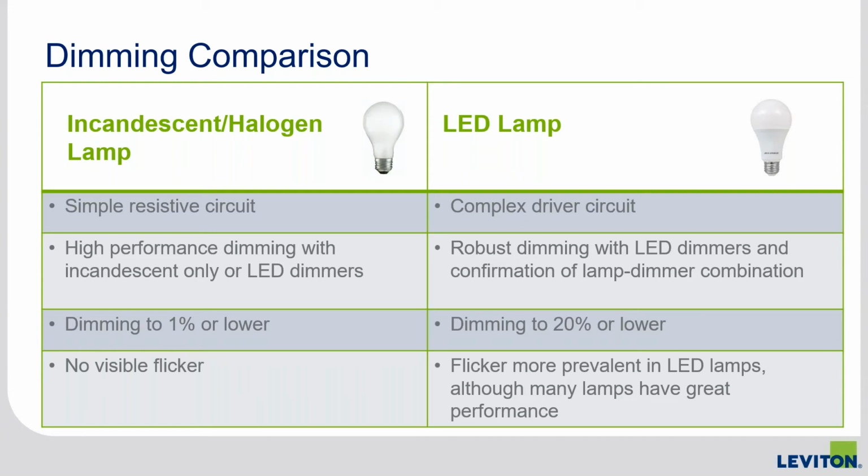As LEDs get better and better every month or year or 5 years, you'll more than likely see the energy efficiency go up and the performance go up, which means you can dim lower and lower. I mentioned a couple times already, with incandescent bulbs you're really not going to see any flicker. There's really not all that much going on there as compared to some of these LED lamps.